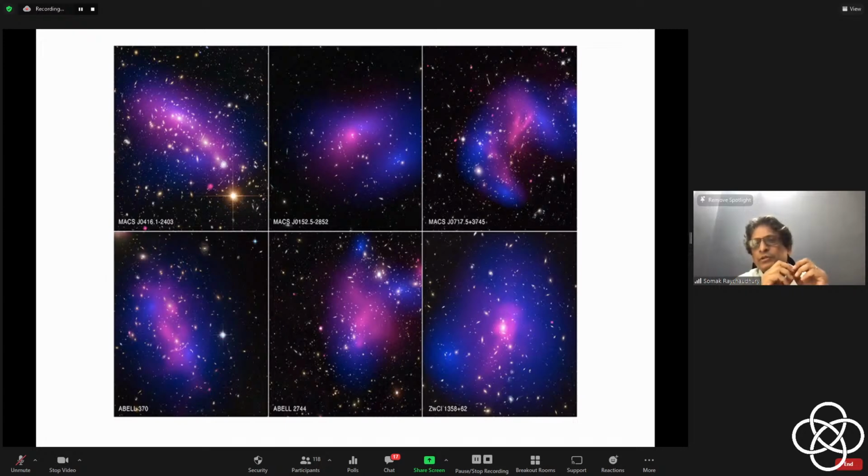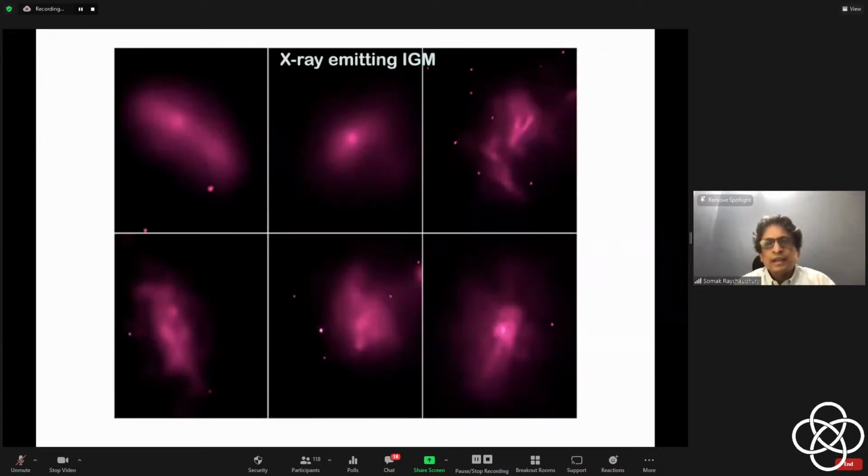I've told you about how from the weak lensing or the strong lensing of the background images you see in the field of a cluster, you can measure mass distribution. So here are examples of 6 different such clusters. You can see how clusters differ from each other in terms of their mass distribution. And if you take just one of these, you won't be able to see that. So here, just look at these.